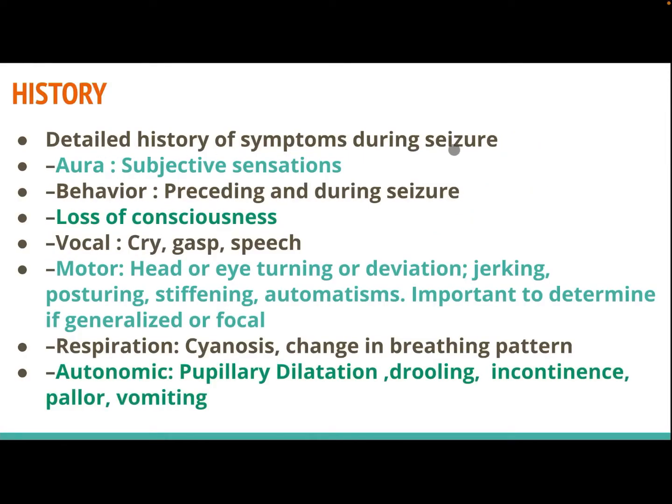Detailed history of symptoms during seizure: aura, subjective sensation, behavior preceding and during seizure, loss of consciousness, vocal, cry, gasp, speech, motor, head or eye turning or deviation, jerking, posturing, stiffening, automatism, important to determine if generalized or focal, respiration, cyanosis, change in breathing pattern, autonomic, pupillary dilatation, drooling, incontinence, pallor, vomiting.